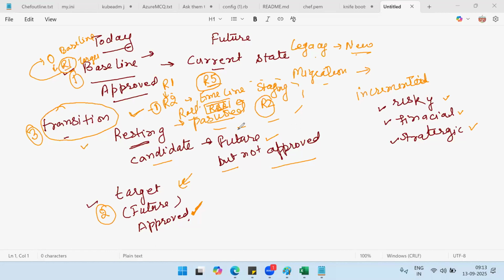So yeah, as you mentioned, yes, this is an intermediate state, and this is the one which basically helps you to achieve the target state. It is something like you are flying from Australia to India, and in between you need to be transitioned through some other country, right? That is the stopping point.